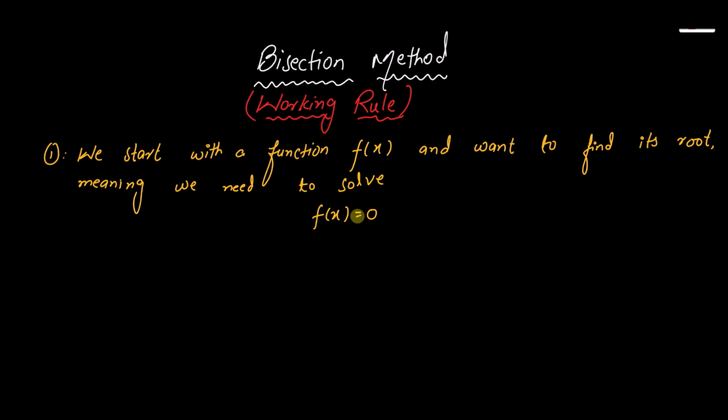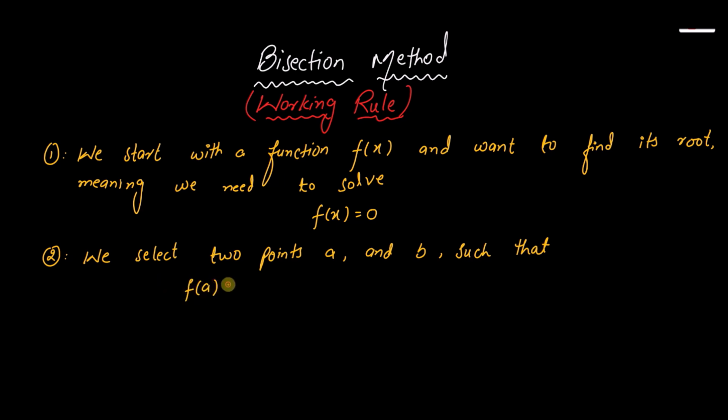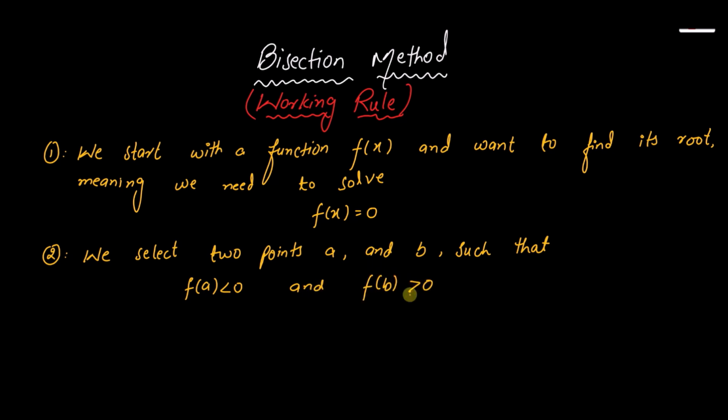In the second step, we need to choose an initial interval, that is our AB. So we select 2 points, A and B, such that f of A is less than 0 and f of B is greater than 0, or vice versa.